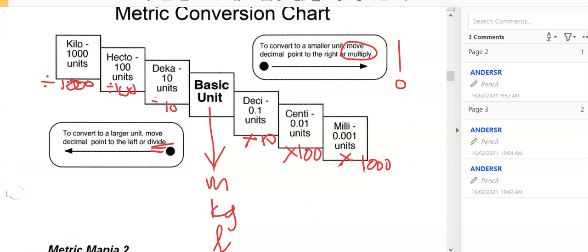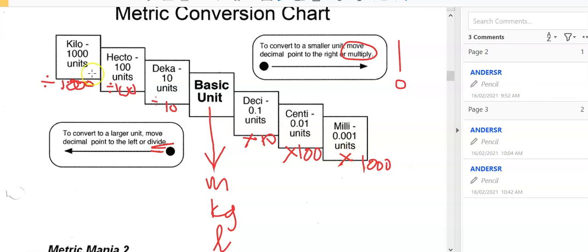So if we're converting from kilometers to millimeters, what do we do? First of all, when we go from left to right, we multiply, by 1, 2, 3, 4, 5, 6. So going from kilometers to millimeters, we must multiply by 1 million. That's right. Or you multiply by 10 to the power 6. Did you get that? I'll say it again.